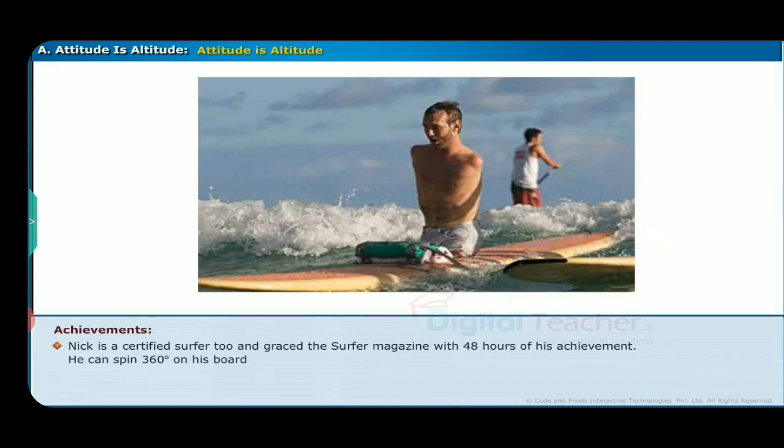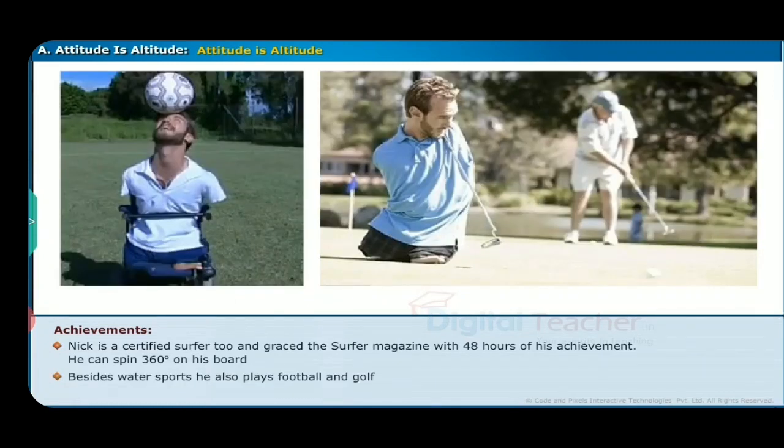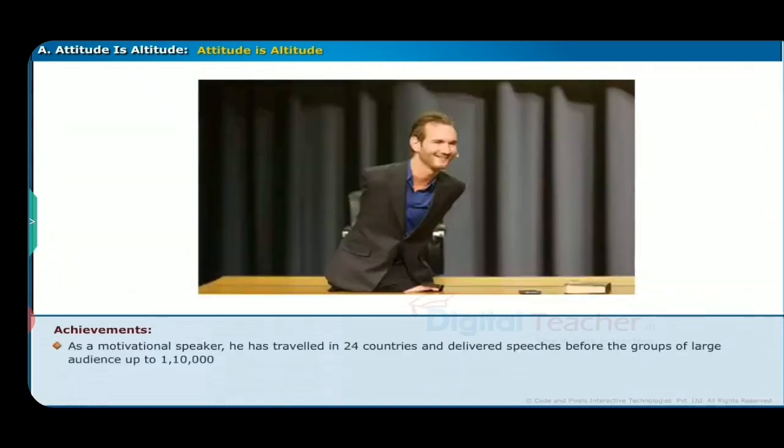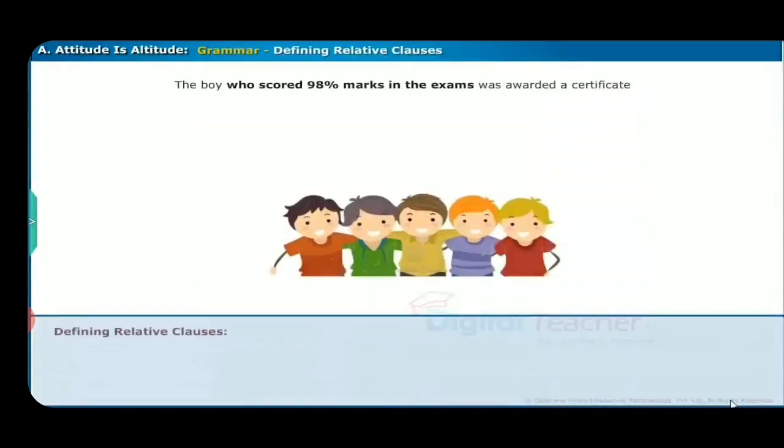He can spin 360 degrees on his board. Besides water sports, he also plays football and golf. As a motivational speaker, he has traveled in 24 countries and delivered speeches before the groups of large audience up to 110,000. Now, let us learn about defining and non-defining relative clauses.